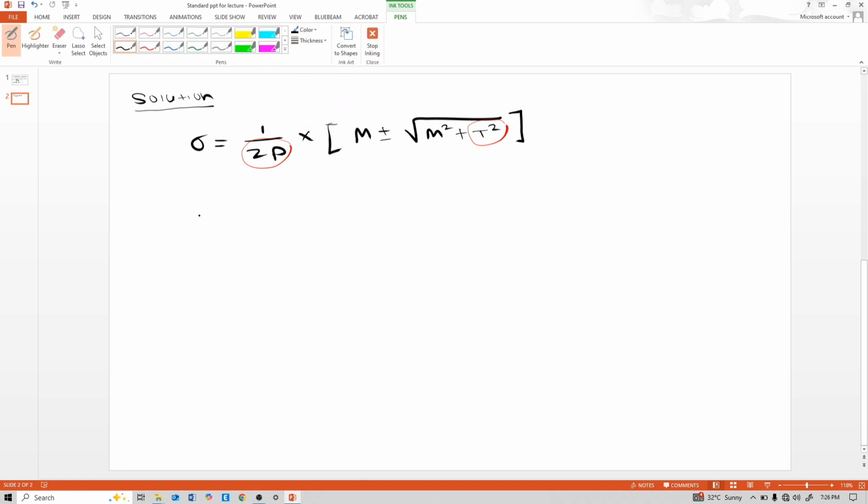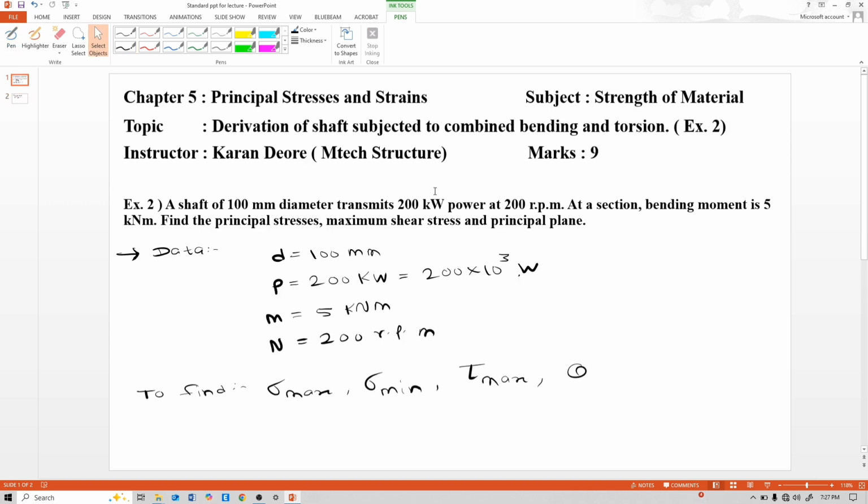For a solid shaft, this Zp is pi d cube by 16. We know d is 100 mm.